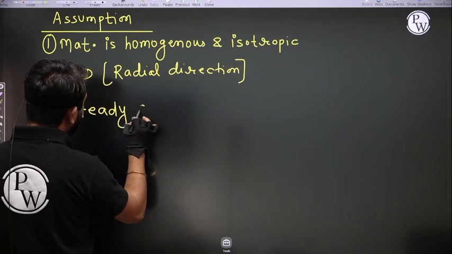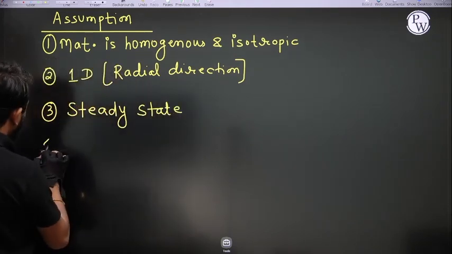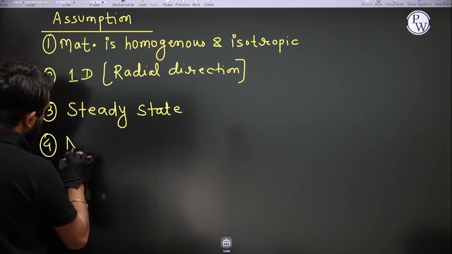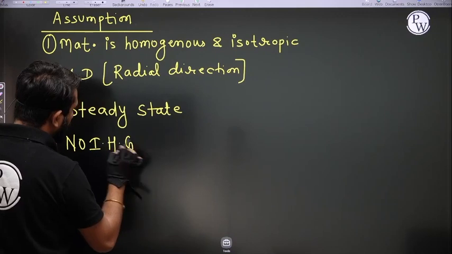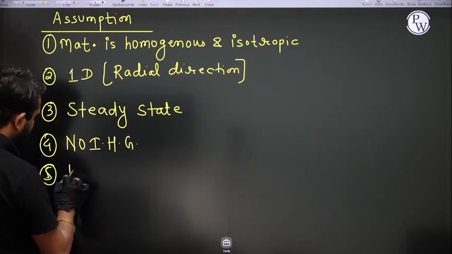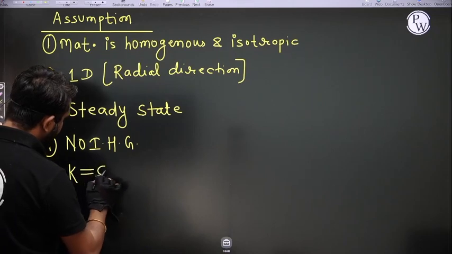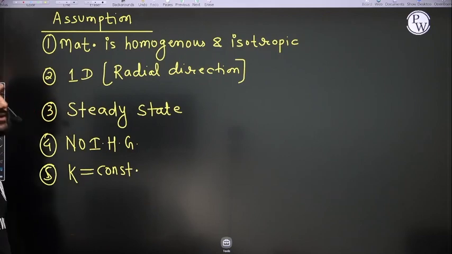The fourth assumption is no internal heat generation. The fifth assumption is that thermal conductivity is constant.